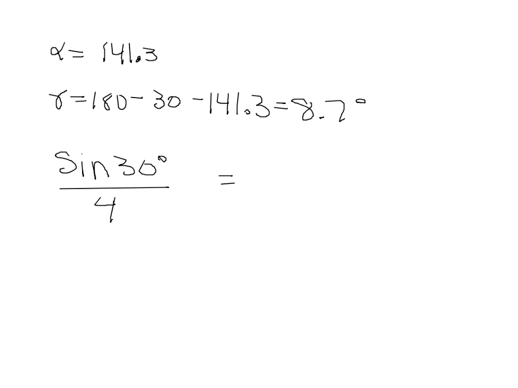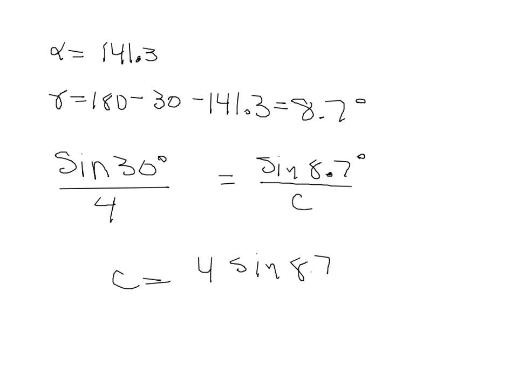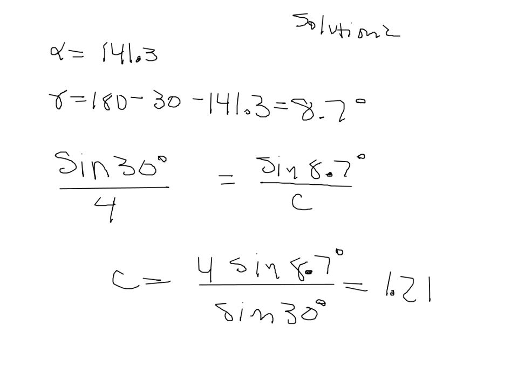Sine 30 over 4 is equal to sine 8.7 over C. C equals 4 sine 8.7 degrees over sine 30, which is 1.21. And so that's my second solution.